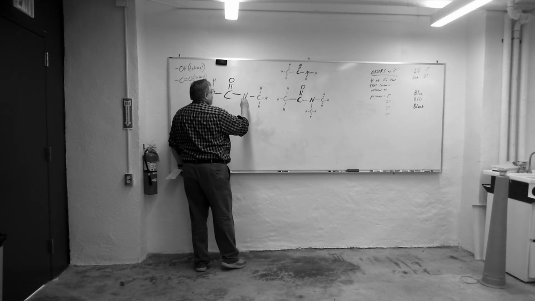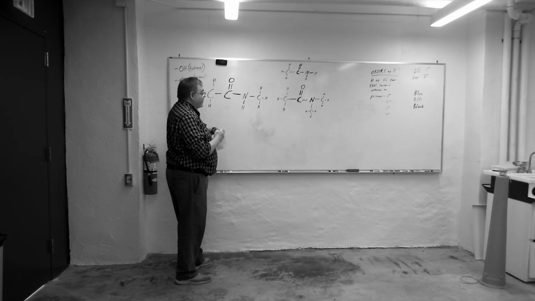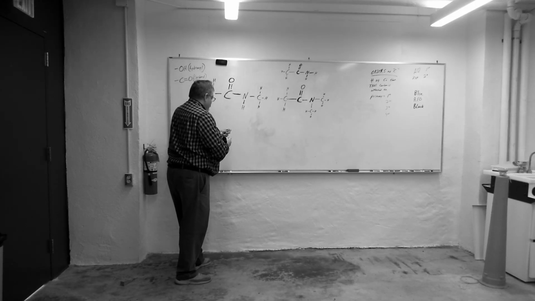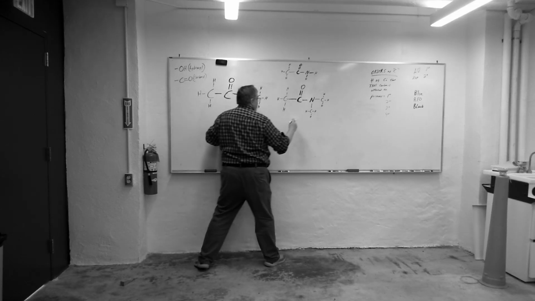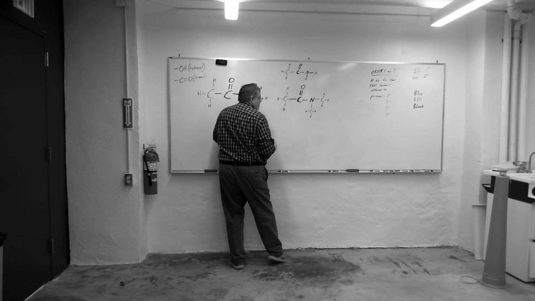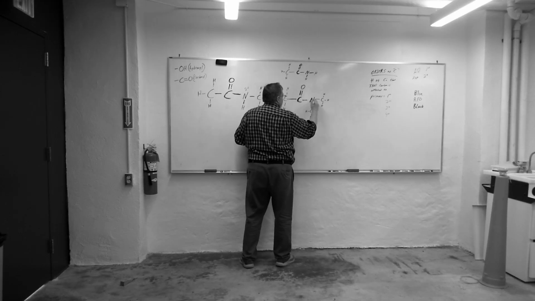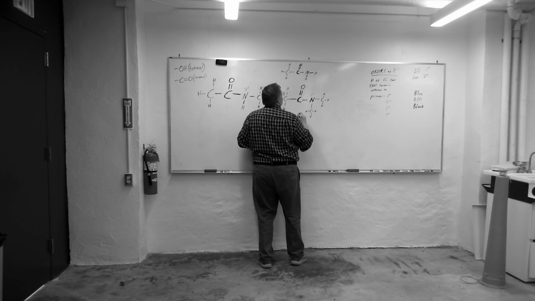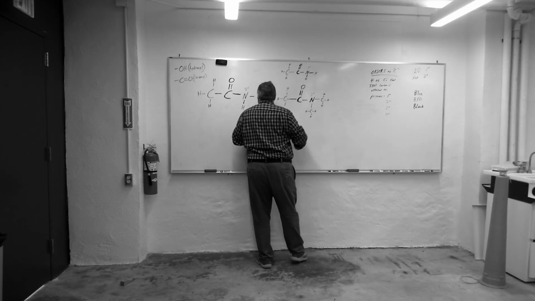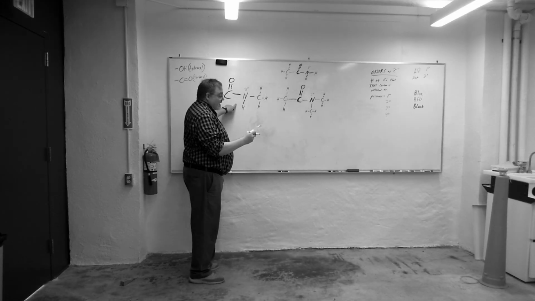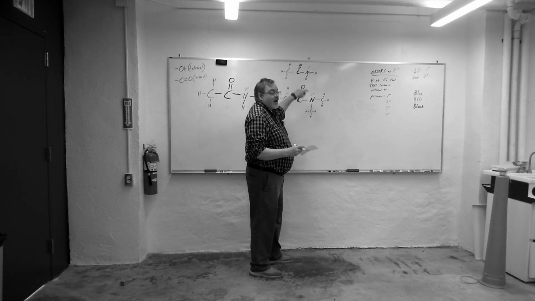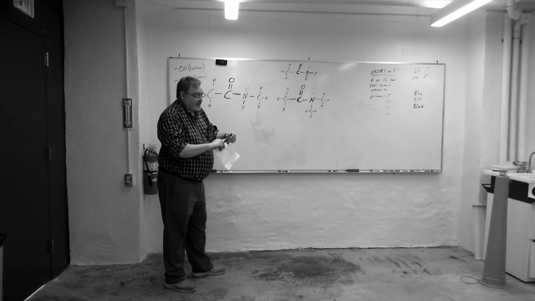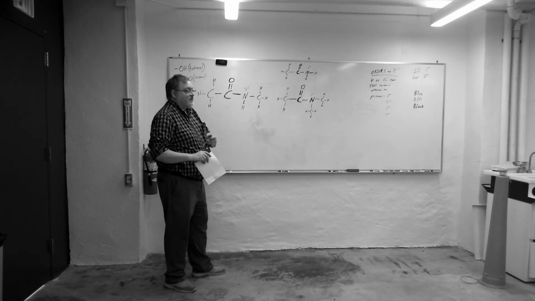How many carbons is this nitrogen attached to? 2. So this is a secondary nitrogen. How many carbons is this one connected to? 3. So that's a tertiary nitrogen in this one. 1. So that's a primary nitrogen. So this is a secondary amide, this is a tertiary amide, and this is a primary amide. So you can break down the amides in those 3 different cases.